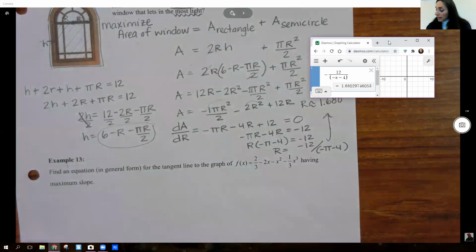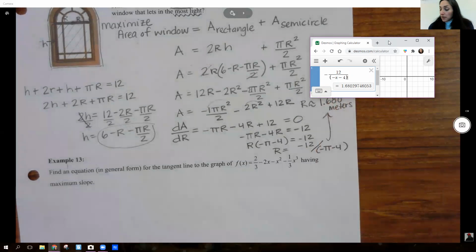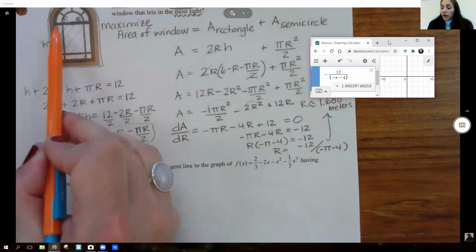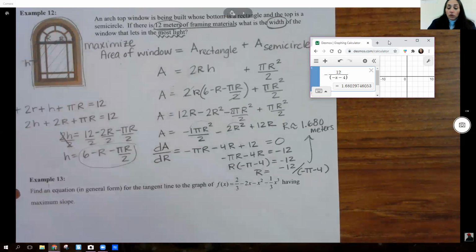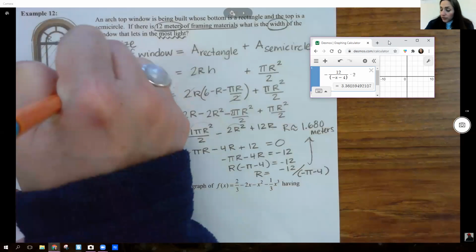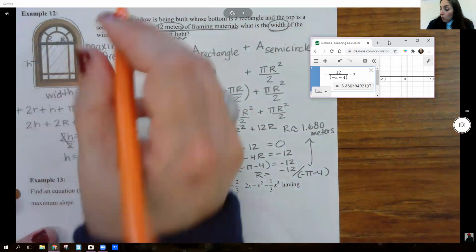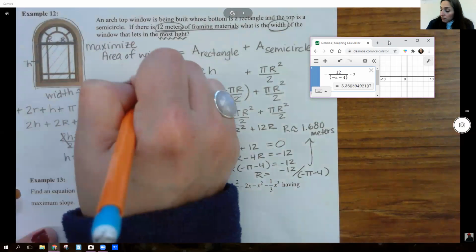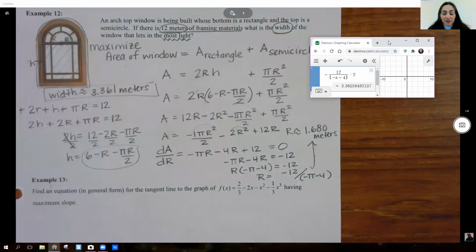Okay, and that's going to be meters. Now that's just the radius. If we want the width of the window, that is all the way across. So that would be radius times 2. So if we multiply this times 2, we actually solve the problem, and the width is going to be roughly 3.361 meters. Okay, and that's how you do example 12.